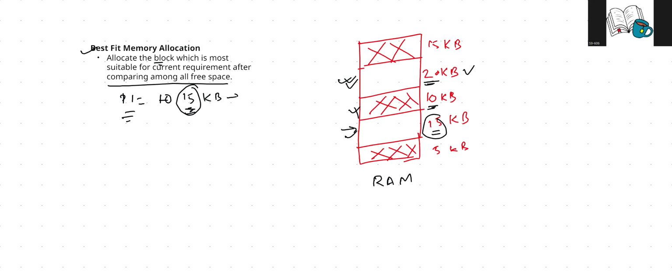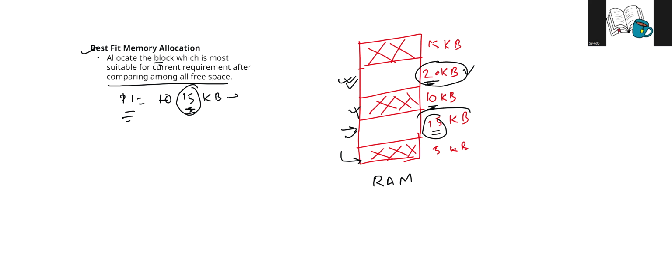It will go further to check if there is any other memory block that can fit the requirement best. If so, then it will allocate the particular block which suits the requirement best. After doing the comparison, it will check out the best one. So here there are two free blocks, 20 KB and 15 KB.